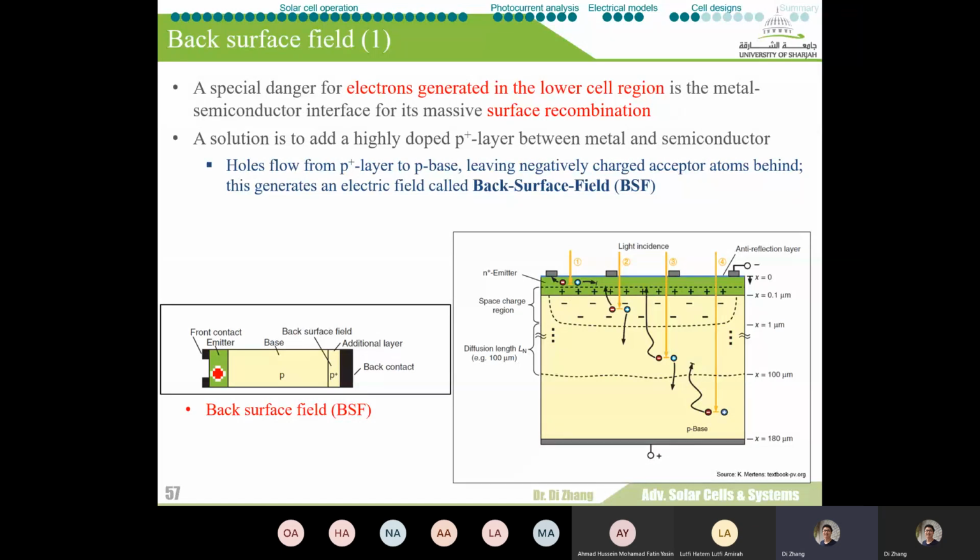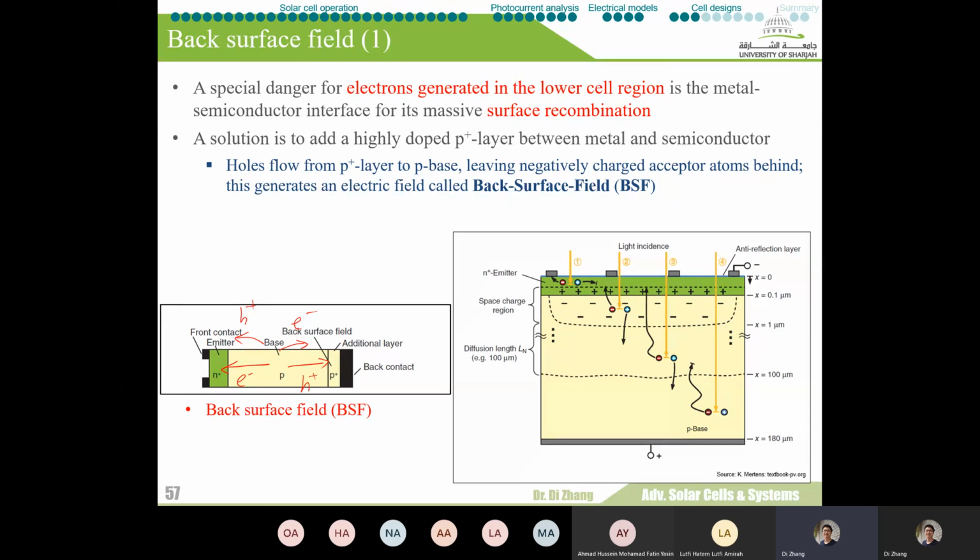This typically means that we want the electrons to go towards the n-type side, the emitter side, while the holes come out from the p-type side. But sometimes you may have electrons wandering in this direction and holes wandering in the opposite direction. We want to eliminate these unwanted carriers and push them back in the correct direction. So how can we achieve that?